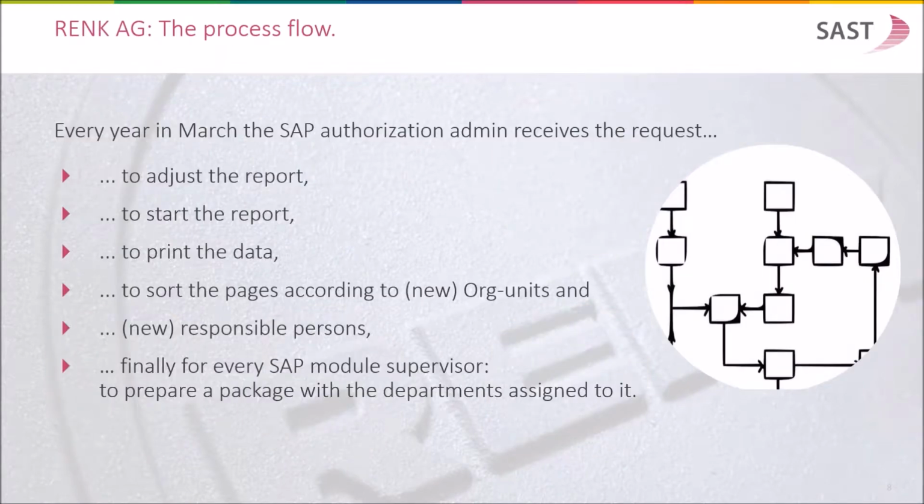Each year, at the end of the first quarter, they start to declare their SAP authorizations, and they have to adjust reports, start the reports, print the data and all the stuff around, sort them and fill them in, and have discussions with each corporate member, and also with the supervisor for the SAP modules, and of course the management team responsible for this organizational unit.